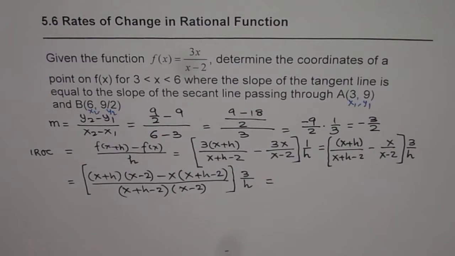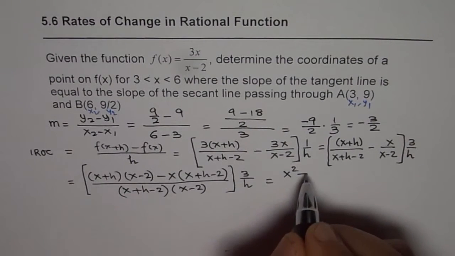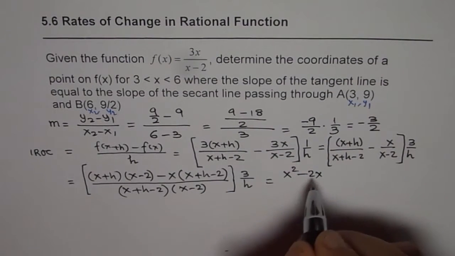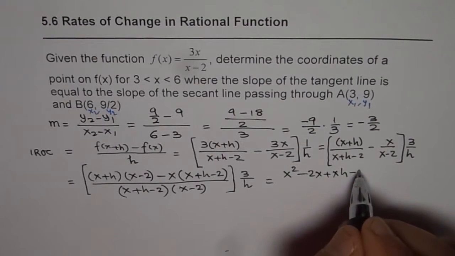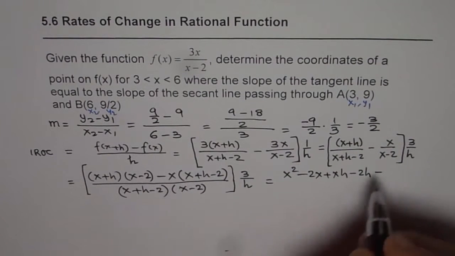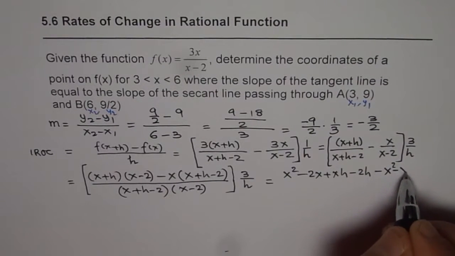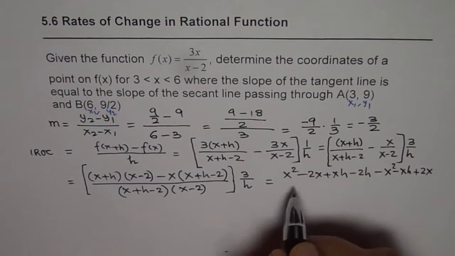Now let's open these brackets. So x times x is x squared minus 2x, then plus xh and minus 2h. Here we have to change all the signs, right? So we get x squared minus 2x plus xh minus 2h, minus x squared minus xh plus 2x.